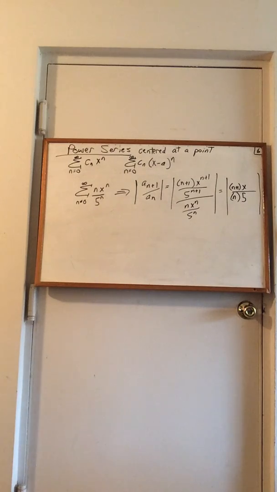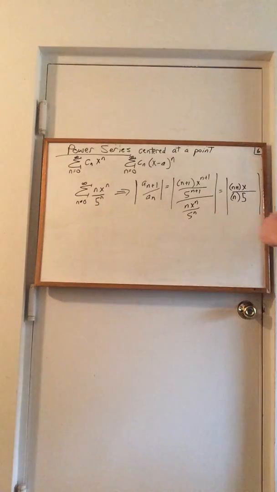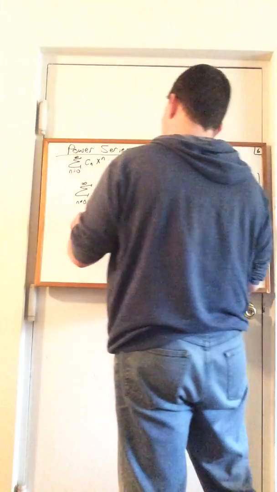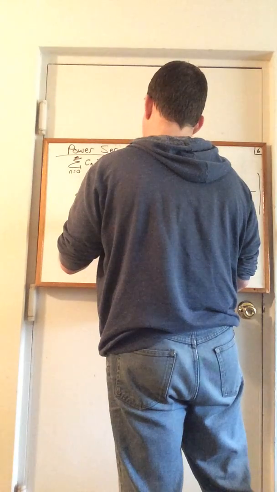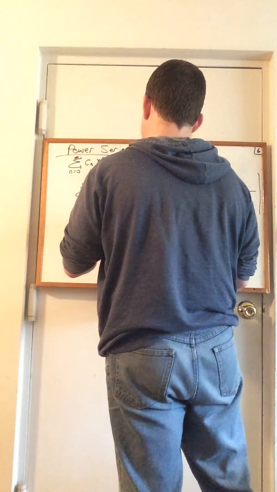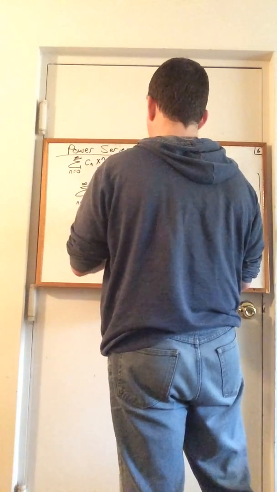Now, I need to figure out what the limit of that is as n approaches infinity. And one thing to keep in mind, if I take the limit as n approaches infinity, the x and the 5 are constants. They're not affected by the limit, which is the limit for n, not x. So I can pull that out of the limit. And I end up getting the absolute value of x over 5 times the limit as n approaches infinity of n plus 1 over n.